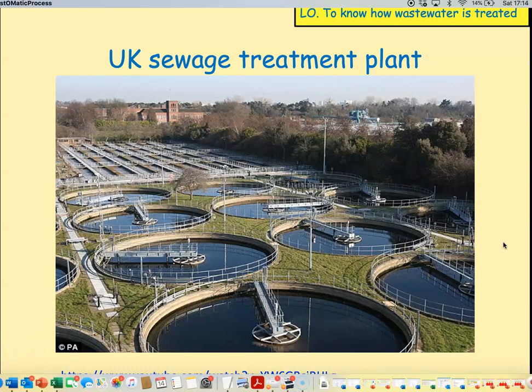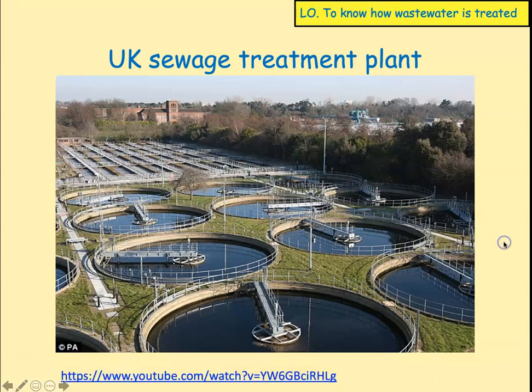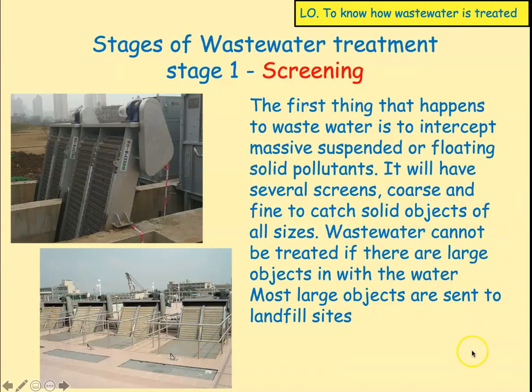Okay, so that was quite a good video, but I'm going to go through each stage. So there are 4 main stages of wastewater treatment. The first one is called screening. Now, screening is picking out all of the massive suspended or floating solid pollutants.